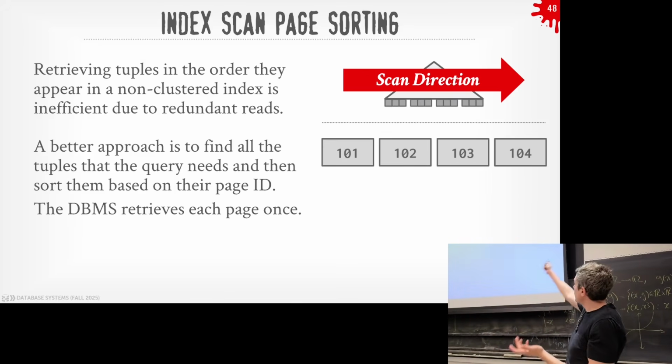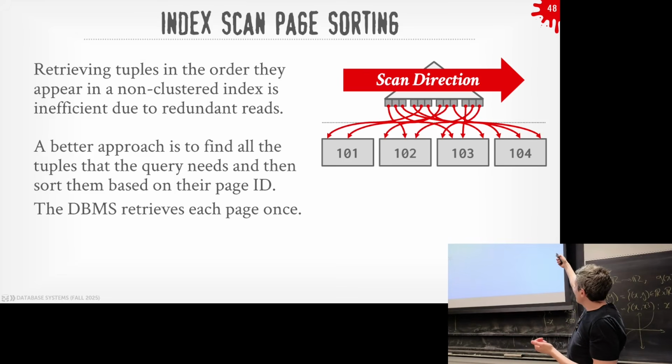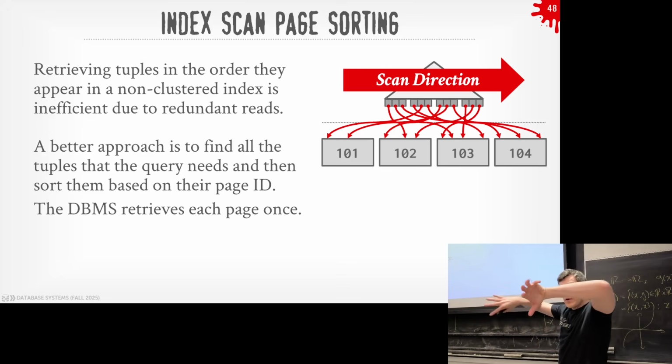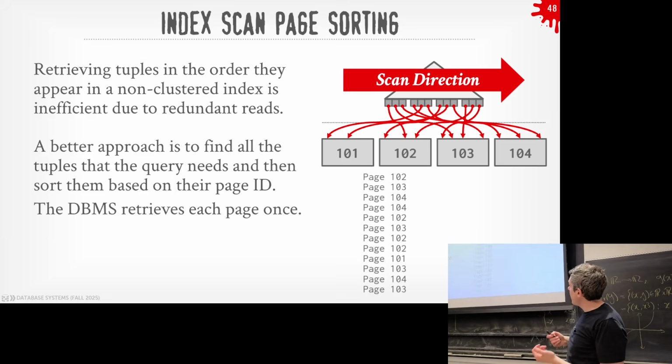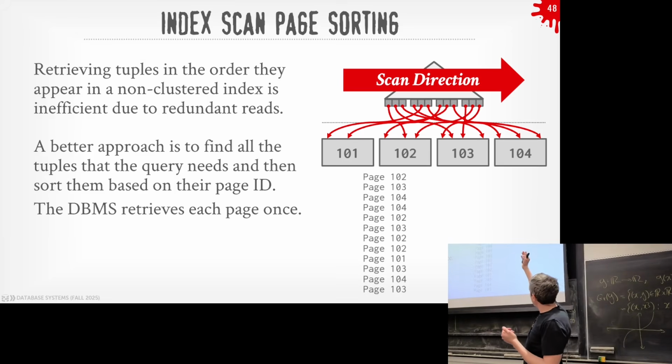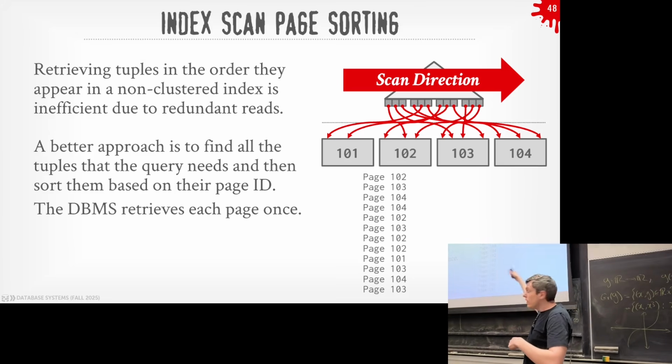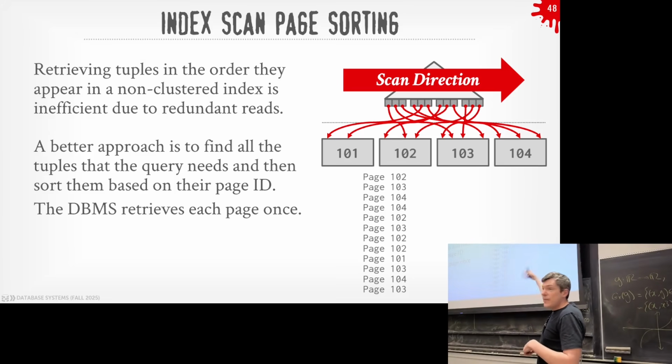So let's say I'm trying to find some range of data between these pages here. If you look at the record IDs in the leaf nodes of my index, they're basically pointing to all different locations in these different pages. So if I do a sequential scan, starting at whatever the first key is that I want, and then go get that data, and then look at the next key in the order defined by the index, I'm going to start jumping around these different pages over and over again unnecessarily.